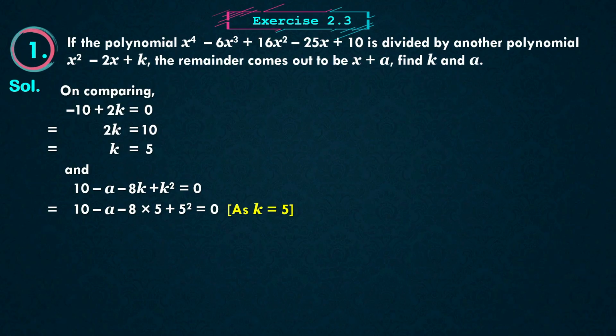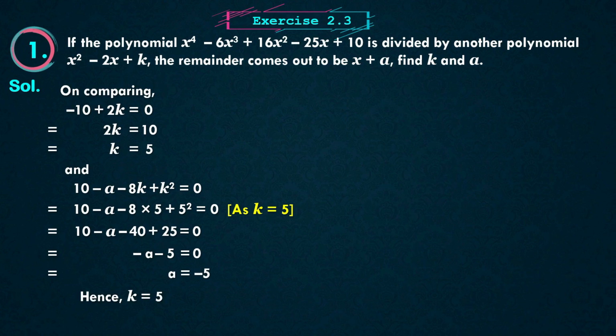Now simplify step by step. 8 multiplied by 5 is 40, and 5 squared is 25. So the equation becomes 10 - a - 40 + 25 = 0. Now combine the numbers. 10 - 40 + 25 becomes -5.